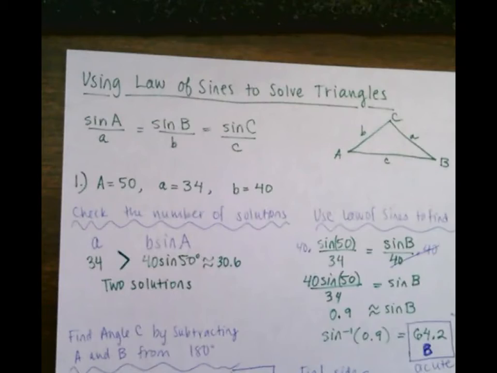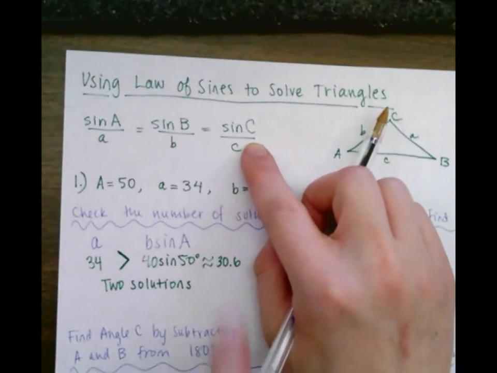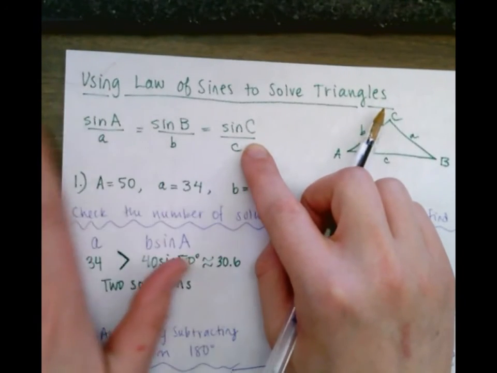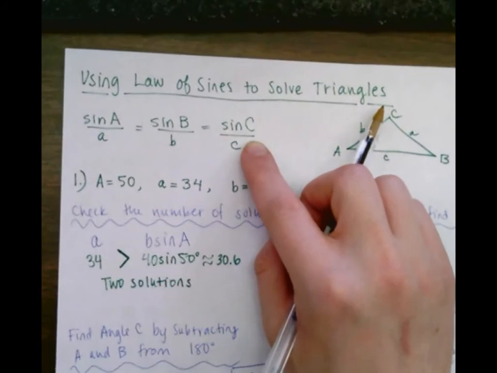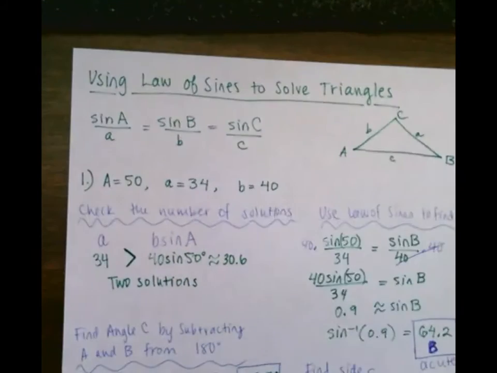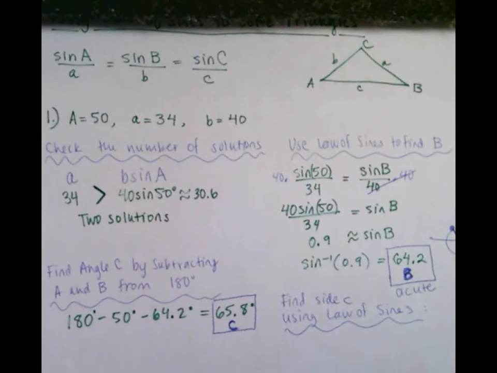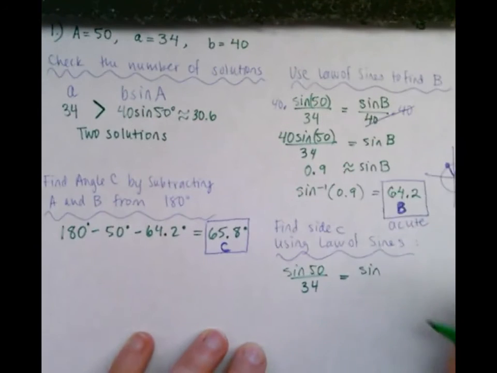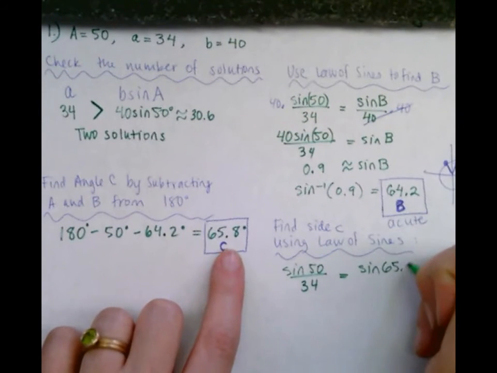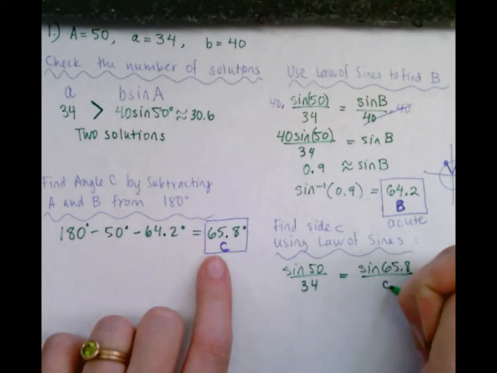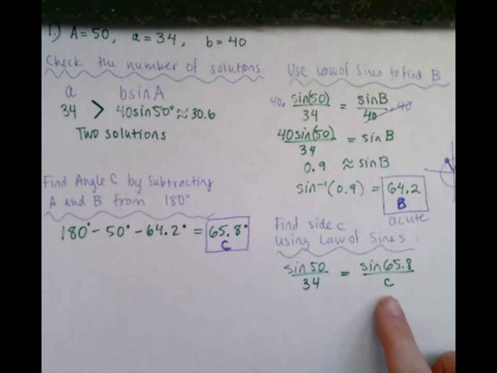So if you kind of refer back, we definitely need to use sine C over C, and then it doesn't matter which of these two you use. You could use either one. And for the sake of simplicity, I'm going to stick with the A values because those are whole numbers. So setting that up, we would have sine of 50 over 34 is equal to sine of C, which is 65.8, divided by little c, which is our unknown right now.